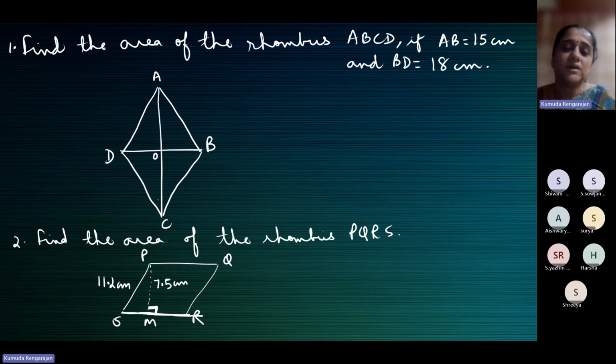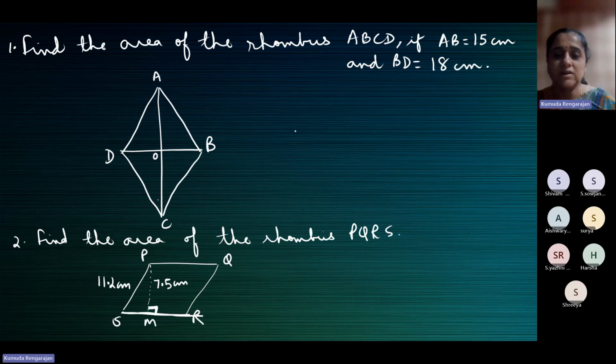That's because in a rhombus, all the sides are equal, children. If PS is 11.2, PQ is 11.2, QR is 11.2, SR is also 11.2.